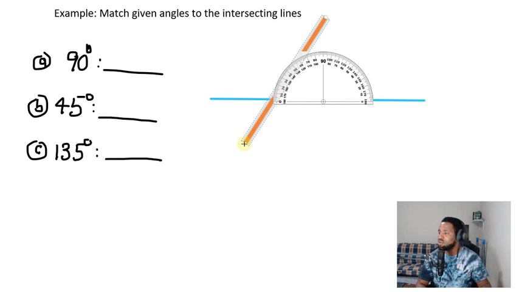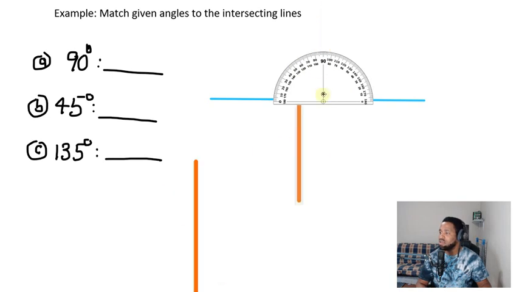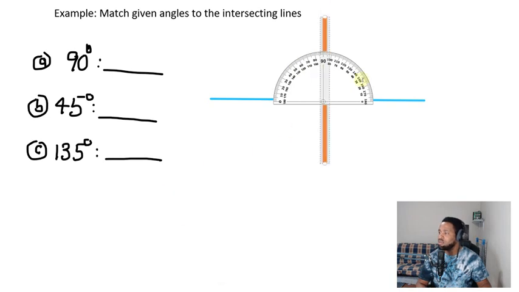Where a vertical line and a horizontal line meet, they indeed create an angle that is 90 degrees. So in conclusion, let me move it back here, this is measured to be 90 degrees.